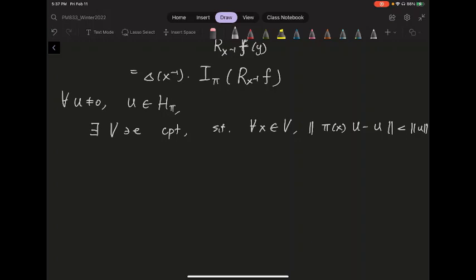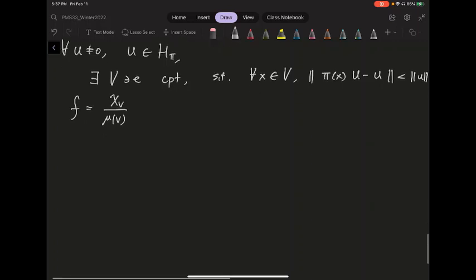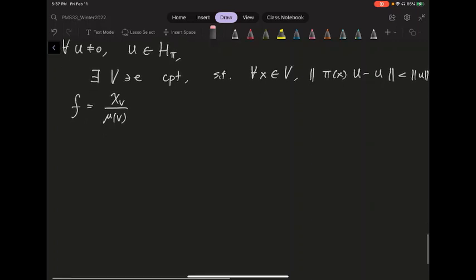So if I let f be this, because I chose V to be compact, let's just take the indicator function of V divided by its left Haar measure, mu of V. Then I can consider I pi of f.